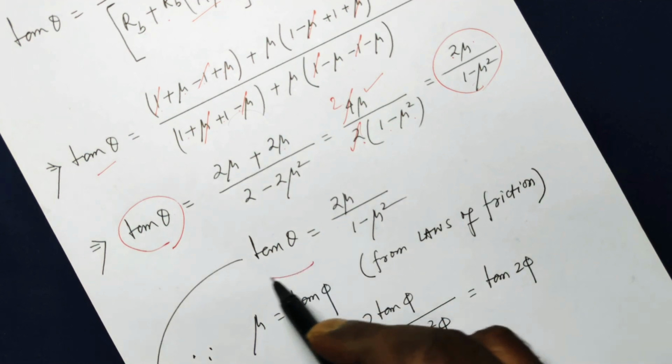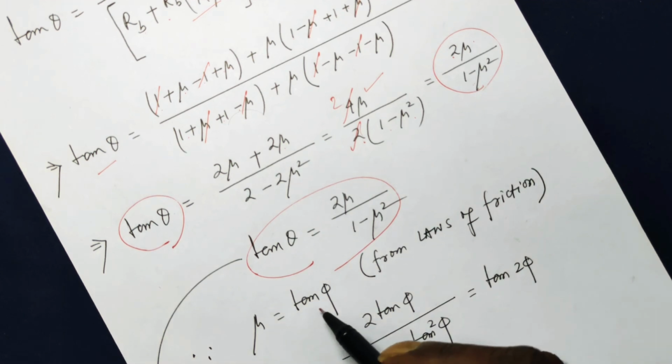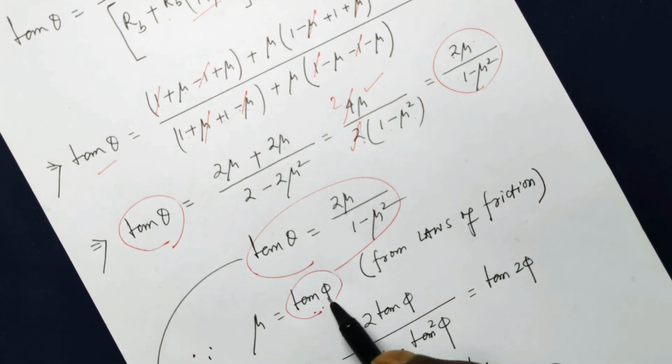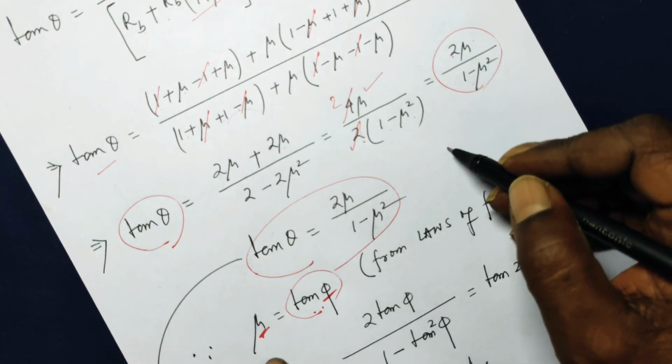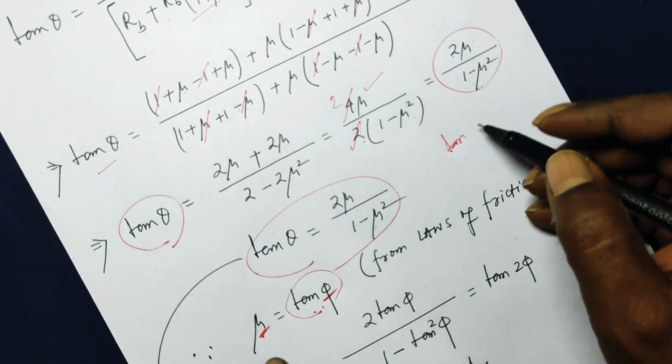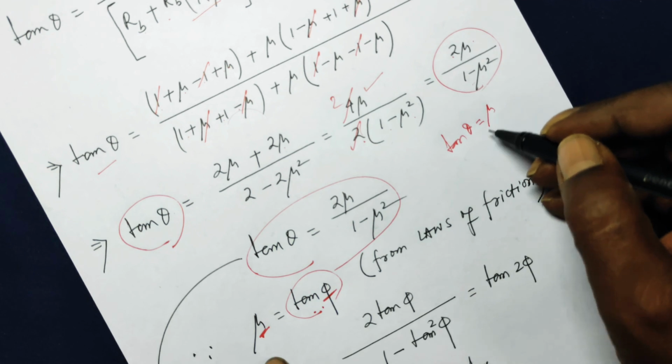So this is your tan theta, and we know the coefficient of friction is also related to the angle of friction, phi. This you have studied in your school days. Coefficient of friction, that we know from your school days, tangent of the angle of friction is equal to mu.